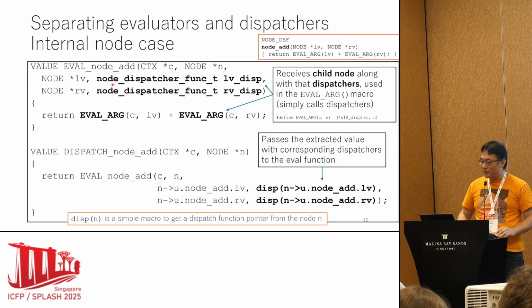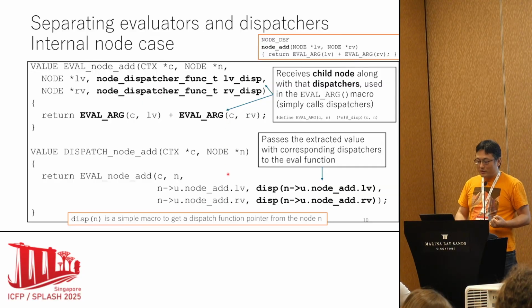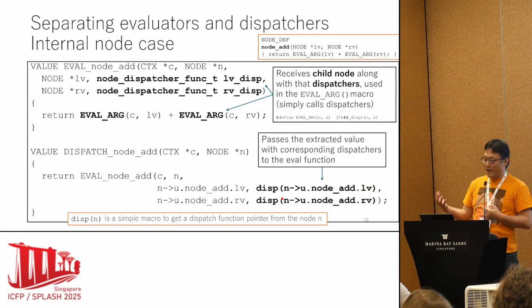This is an internal node case, and it has only a bit of a trick. We not only copy the parameters of the node def, but also add the dispatch function for the child node. So all nodes have a dispatch function.